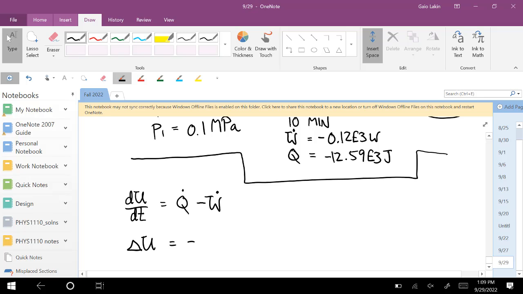So that's negative 12.59 times 10 to the third, minus negative, now this would be W dot integrated over the time. So this is 0.12 times 10 to the third times the number of seconds, 600.